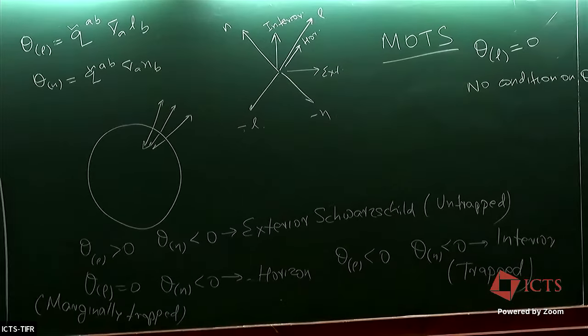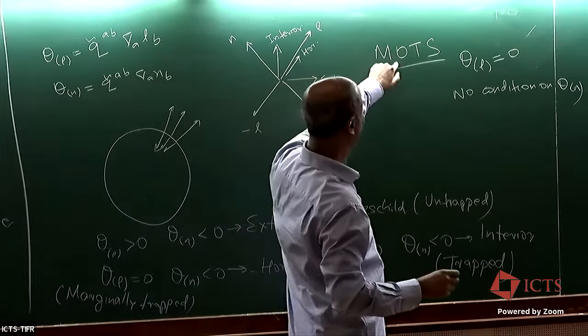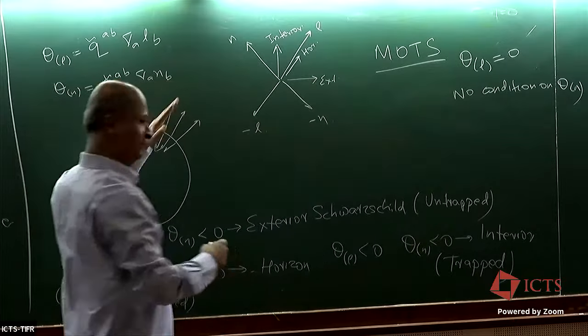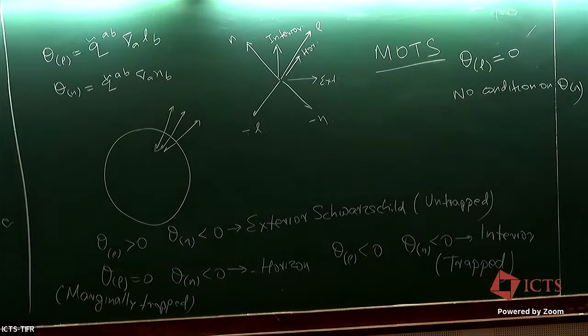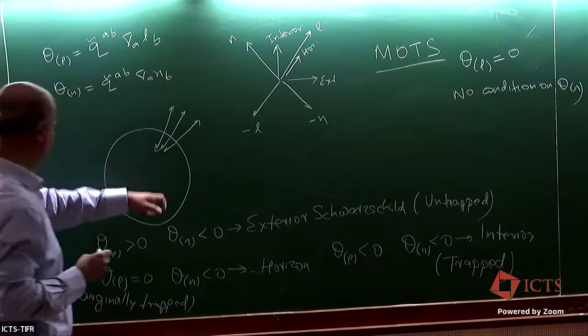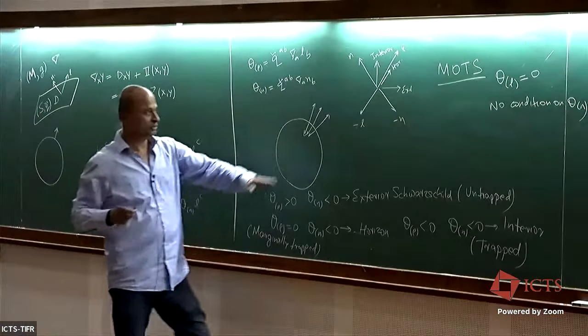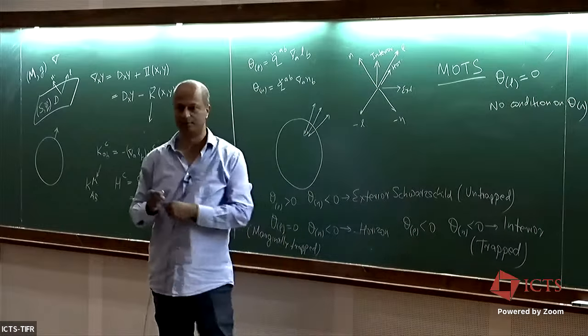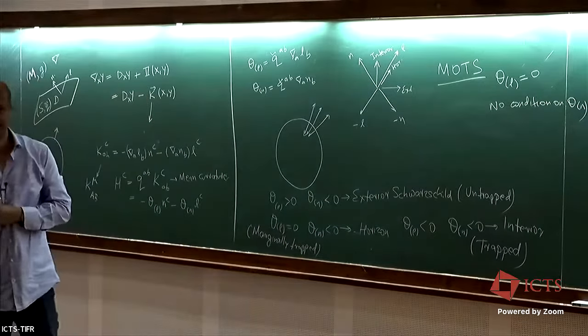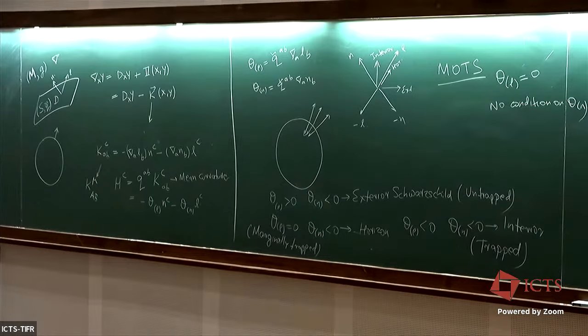So this refers to the fact that it's marginally trapped only in the outer directions, only along the L direction. And nothing is said about the N direction. Okay? So in this case, if we look at the causal nature, the theta L vanishes. The theta N can be anything, can be future or past directed. So it includes this direction and also this direction.